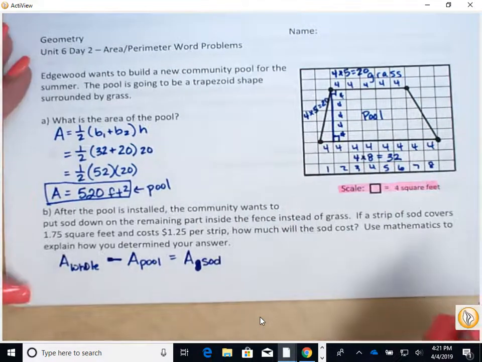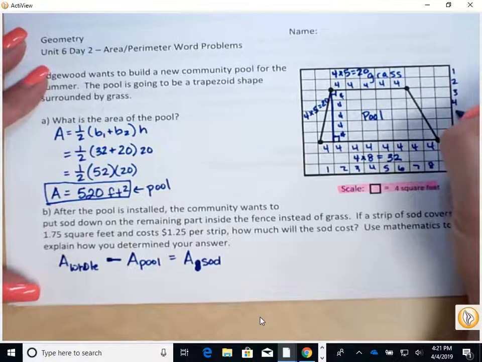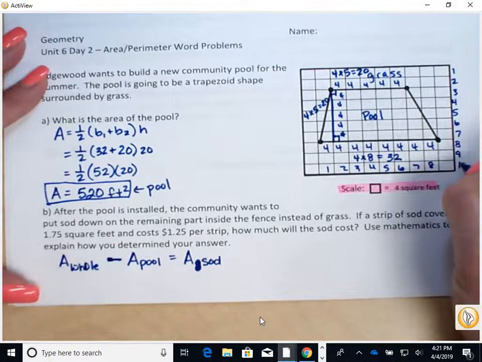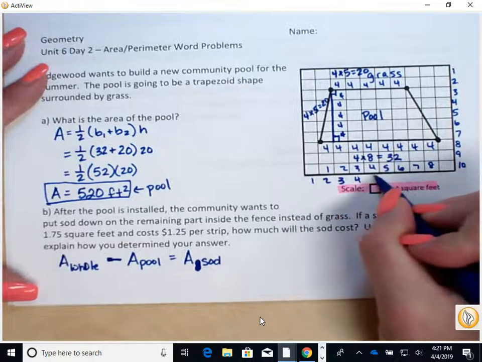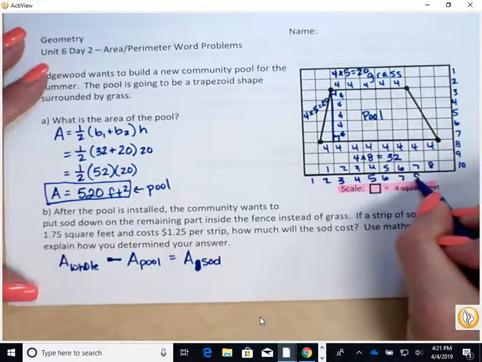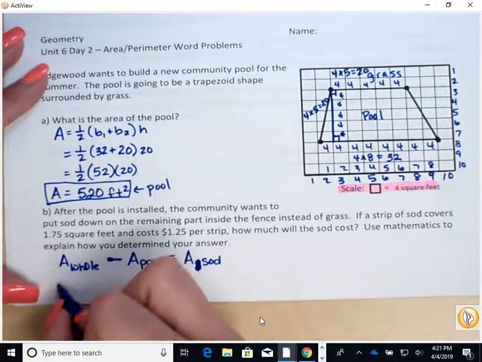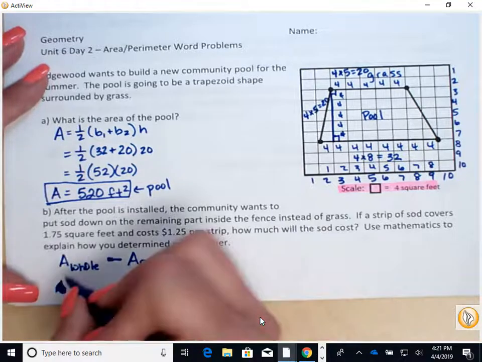So the area of the whole area, we got, let's see, 1, 2, 3, 4, 5, 6, 7, 8, 9, 10, and 1, 2, 3, 4, 5, 6, 7, 8, 9, 10. So we've got a square here. It's 10 by 10. So the area of the square equals length times width.